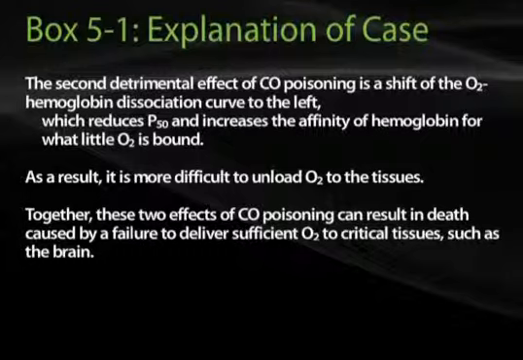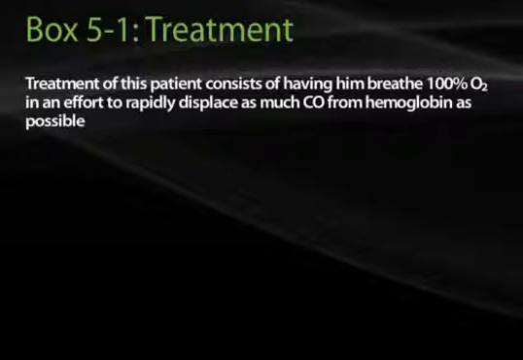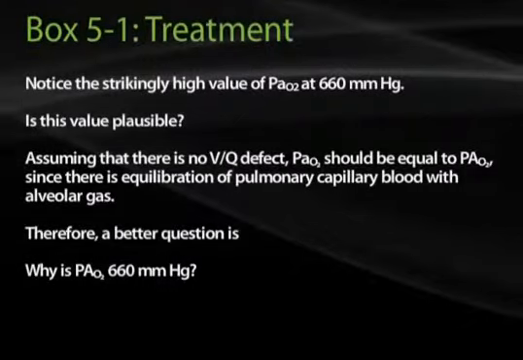So it's more difficult to drop this oxygen off in the tissues. And these two effects combine to result in death by failure to deliver sufficient oxygen to critical tissues such as the brain. The only treatment for this would be to have the patient breathe 100% oxygen in an effort to rapidly displace as much carbon monoxide as possible from the hemoglobin.